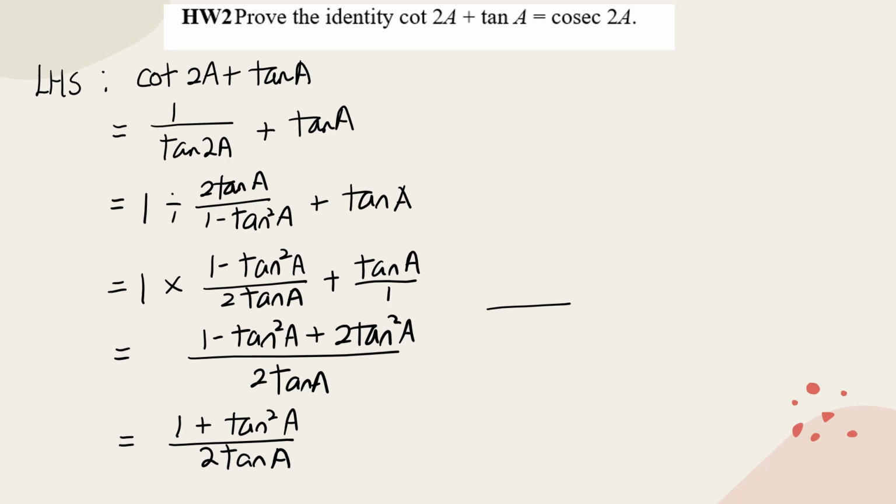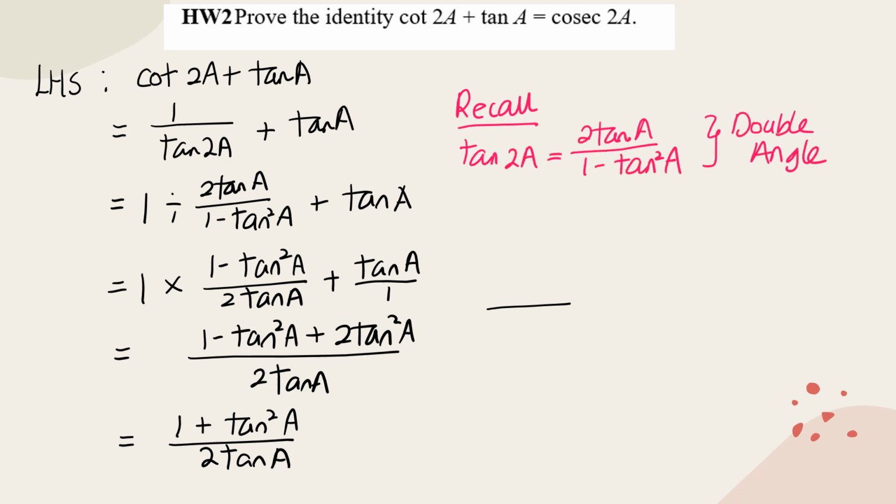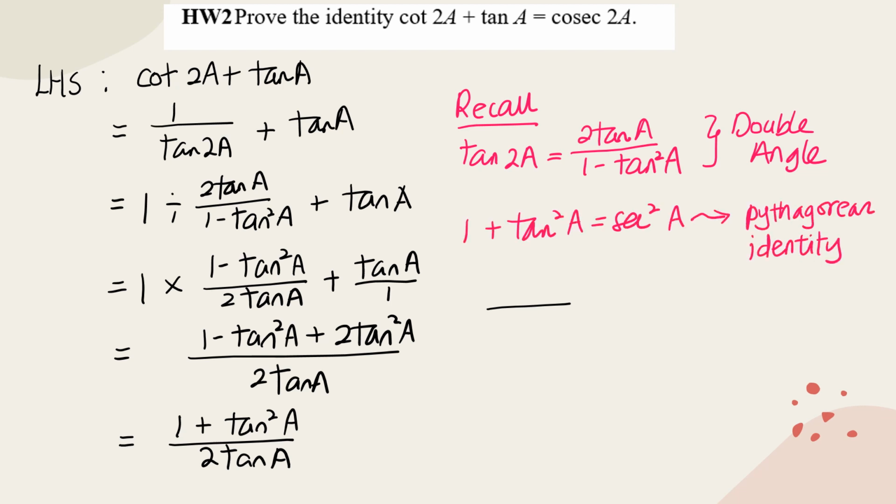And 1 plus tangent squared a, if we recall, is one of the Pythagorean identities that gives you secant squared a. Some recall there for your double angle formula for tangent 2a, and also your Pythagorean identity. So we can replace your 1 plus tangent squared a with secant squared a.